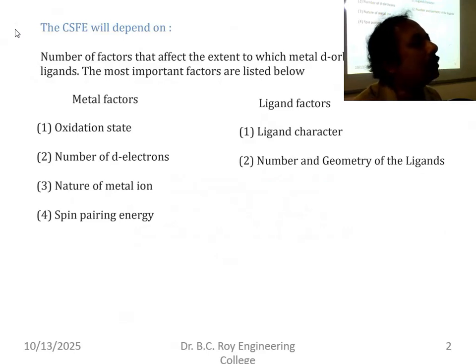Obviously, dxy, dyz, dzx are called primary orbitals, and dx square minus y square and dz square are called derived orbitals, because they are derived by combination of some primary orbitals.